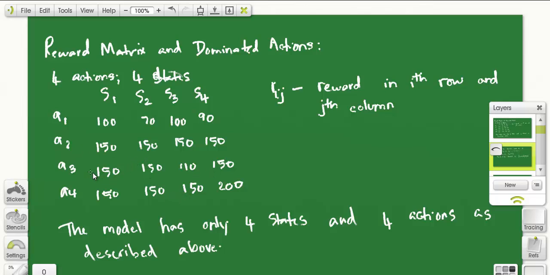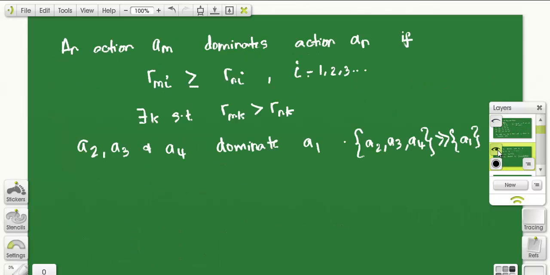Technically speaking, A3 does not dominate A2, because although the first, the second, and the third column have rewards that are identical, if you observe column number 3, A2 has 150 and A3 has 110. So clearly A2 dominates A3. So that is our second deduction. A2 dominates A3.